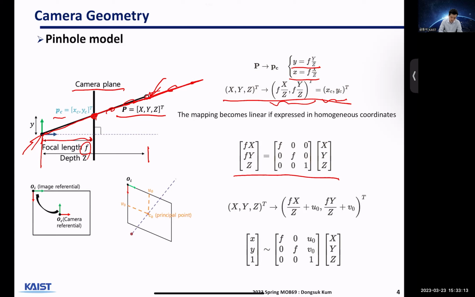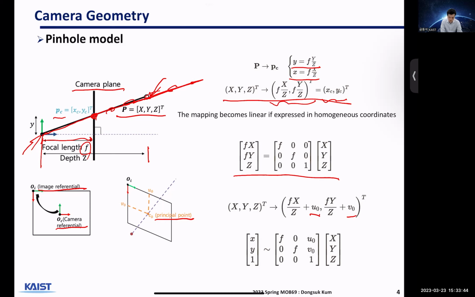And we need to add two more parameters into this matrix, which are u naught and v naught, the principal point. There are two origins: one is the image referential, and the other one is the camera referential.